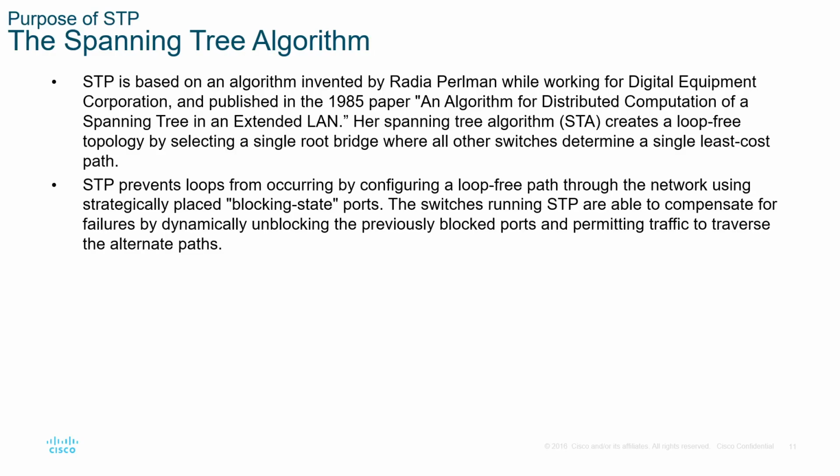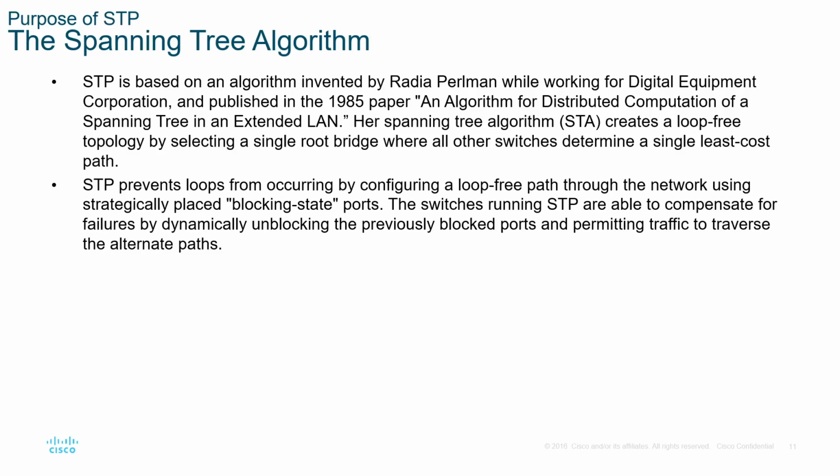Now, every time you think about this term, the root bridge, I'd like to think of it as the ruler of the spanning tree domain. So just basically the reference for all the other switches. Now, the STP prevents loops from occurring by configuring a loop-free path through the network using a strategically placed blocking state port.